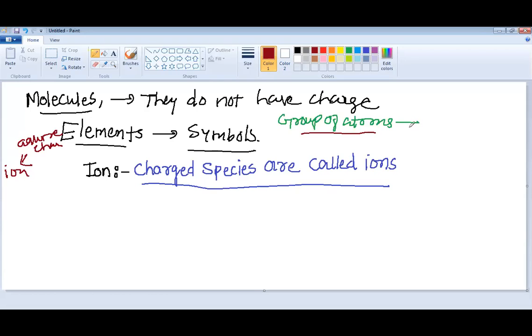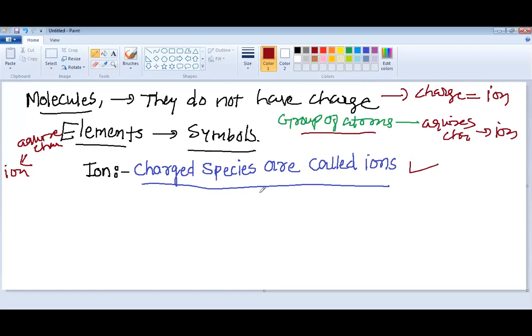If a group of atoms acquires charge, it becomes an ion. If a molecule even acquires charge, we call it an ion. In short, the charged species are called ions, my dear students.